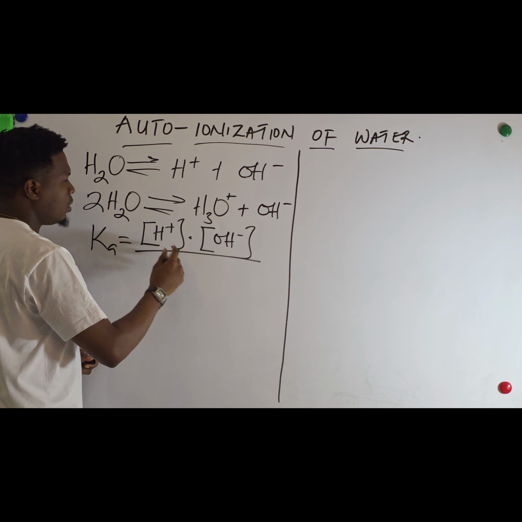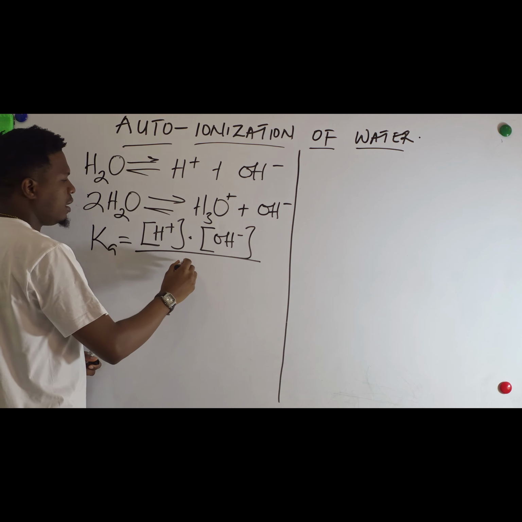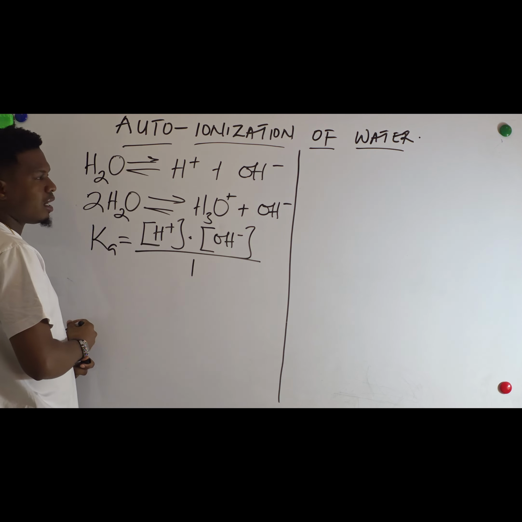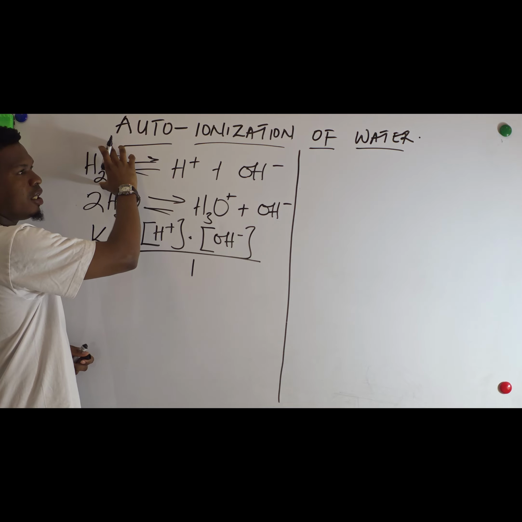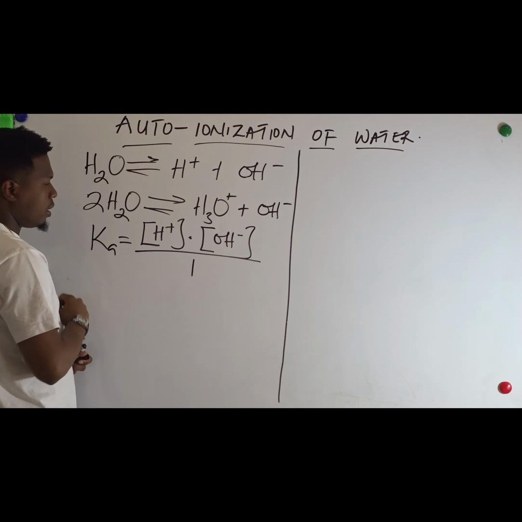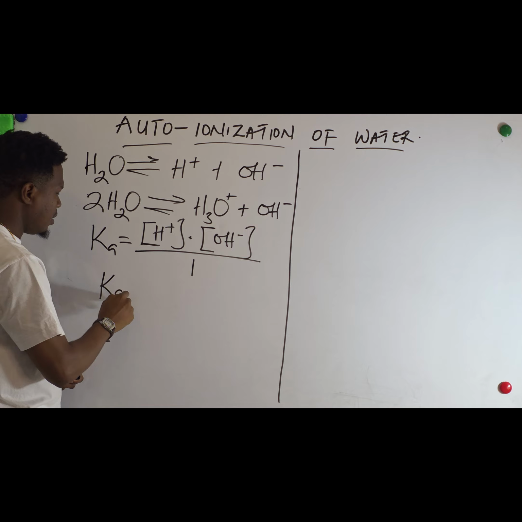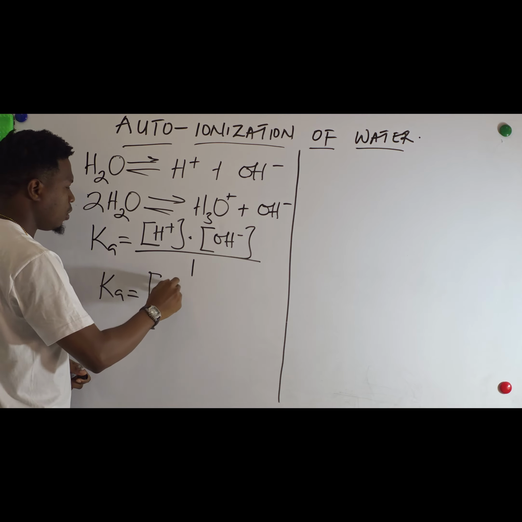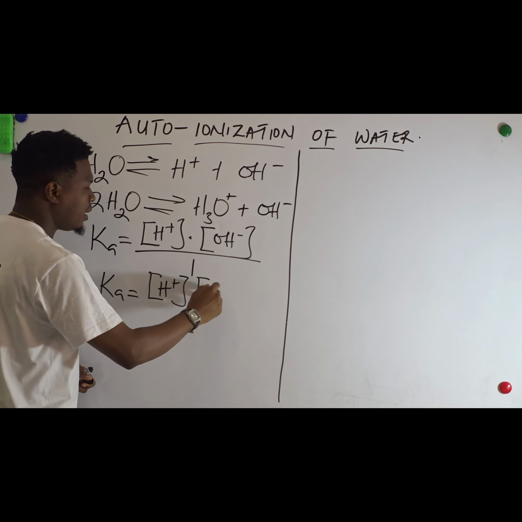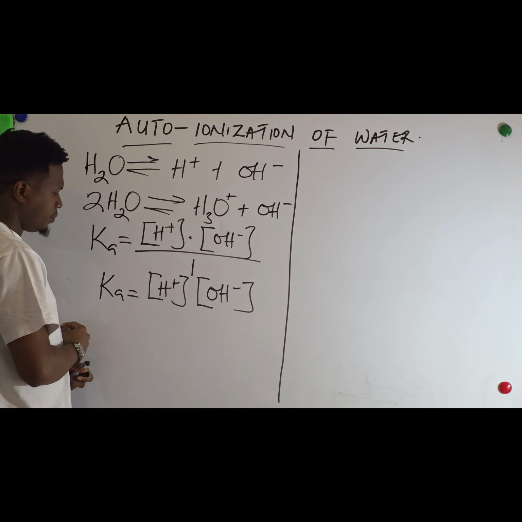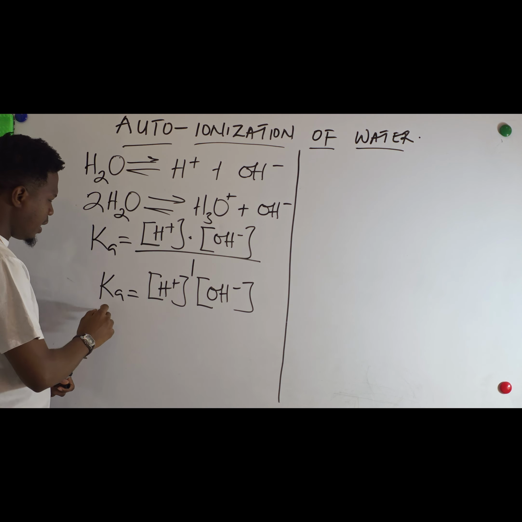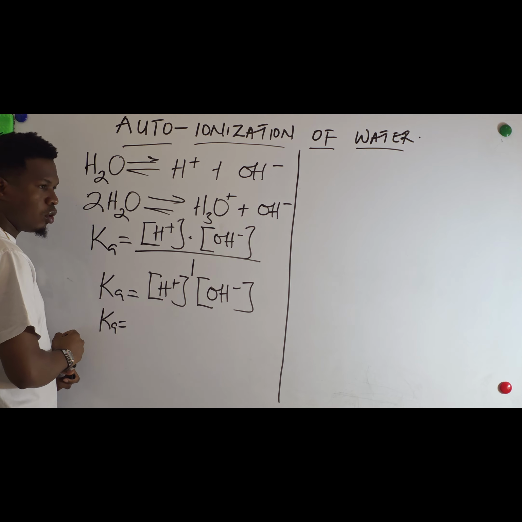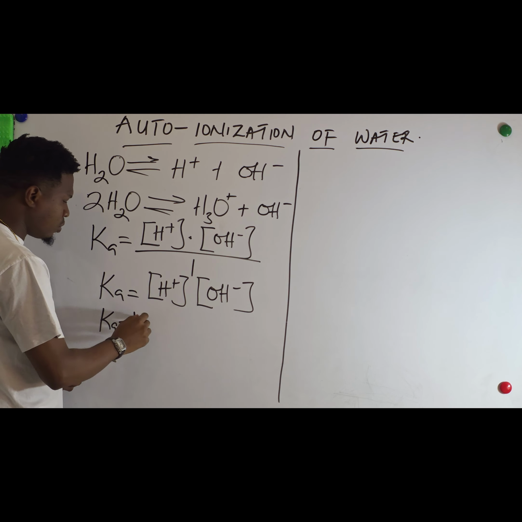The activity of water is 1. So Ka will be equal to the concentration of hydrogen ion multiplied by that of hydroxide ion.